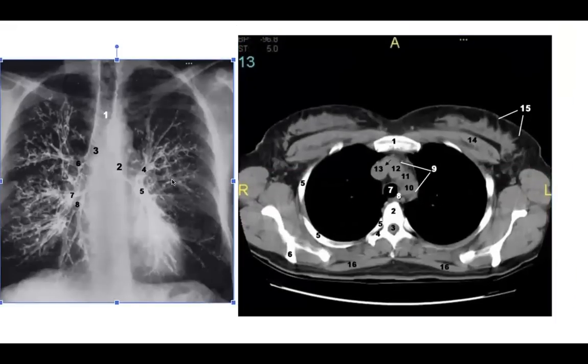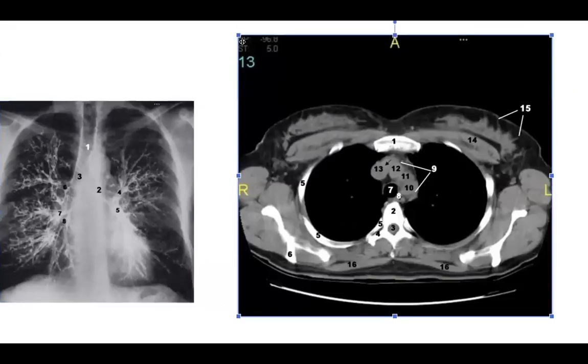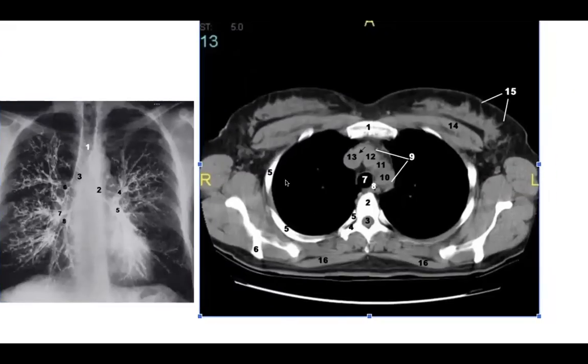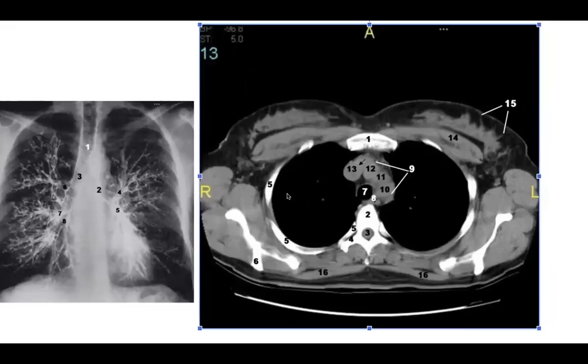Should I make it bigger for you guys? Yeah, it's clear. Okay. So can anyone answer? It's the trachea. Yes. Okay. So number 7 is trachea.